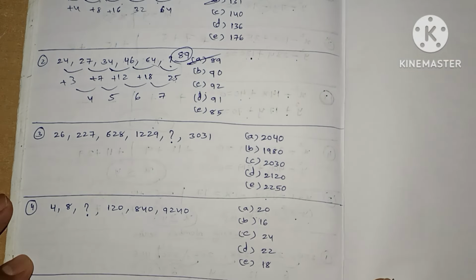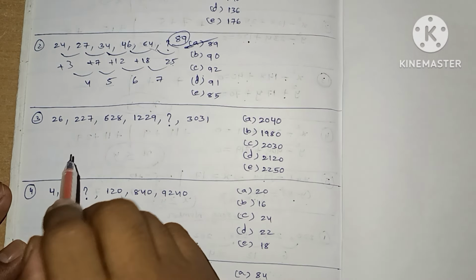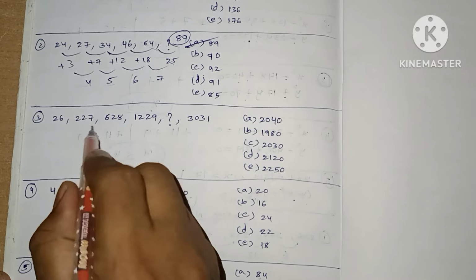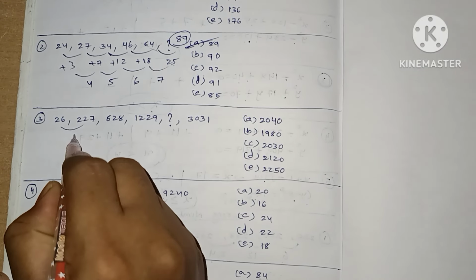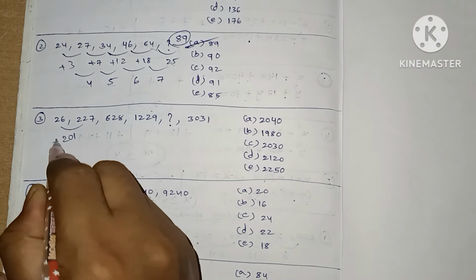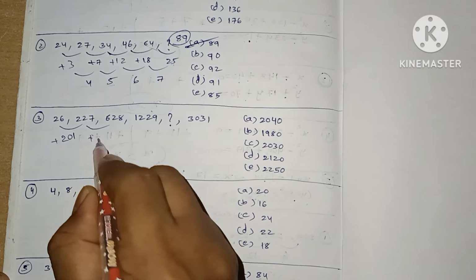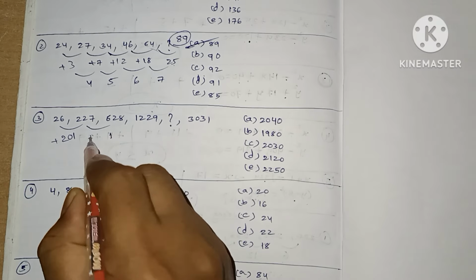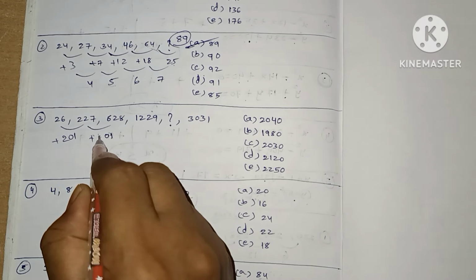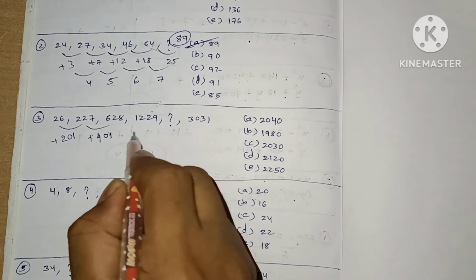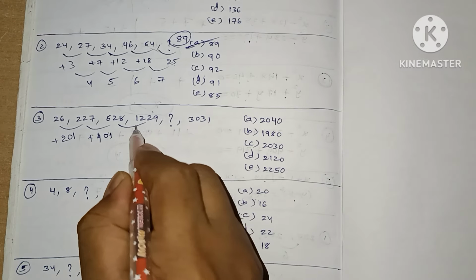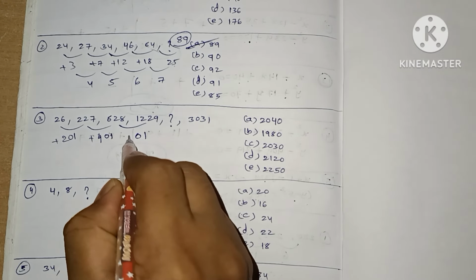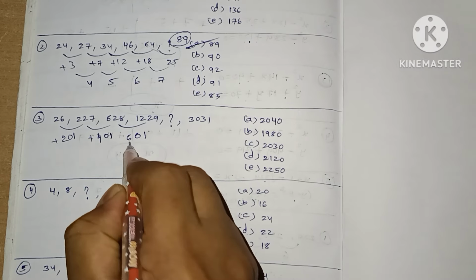Next, third question. Here we see the difference between these two is 201. Here the difference between these two is 401. Here the difference between these two is 601.